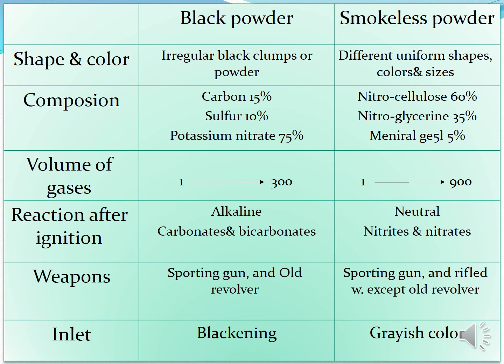Reaction after ignition: black powder alkaline, while smokeless powder is neutral. Black powder is present in the sporting gun and the old revolver, while the smokeless powder is present in sporting gun and rifled weapon except the old revolver. Black powder causes blackening at the inlet, while smokeless powder causes grayish coloration around the inlet.